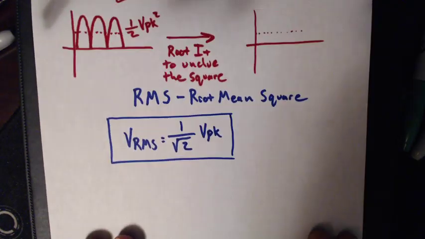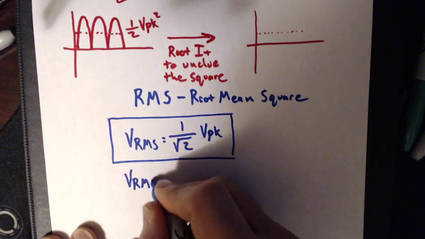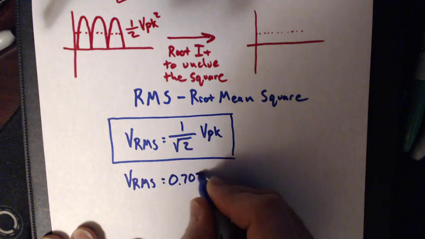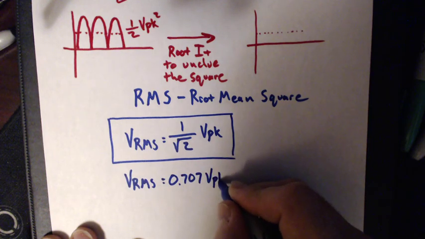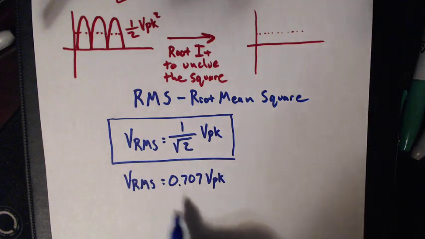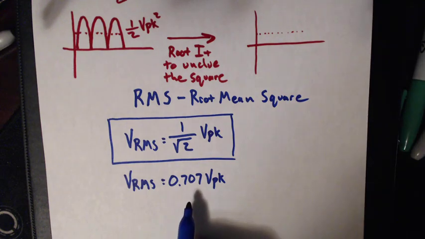Now, similarly, there's an approximation that I use. VRMS equals 0.707 times V peak. I know some older electrical engineers that can do this in their head when it comes to any voltage that they're talking about. It's really quite impressive.